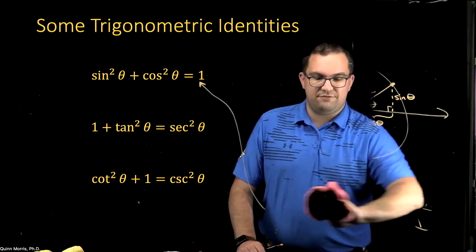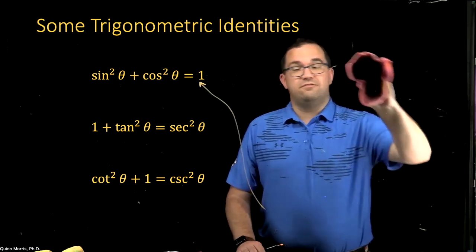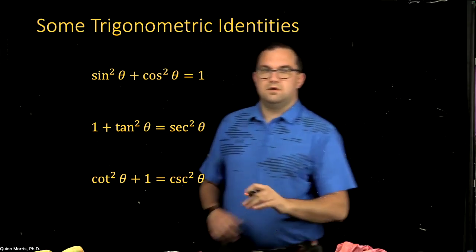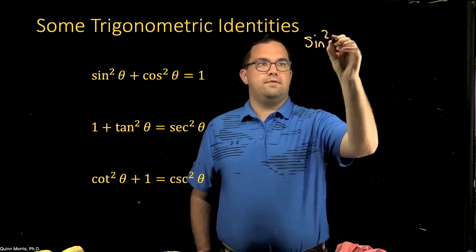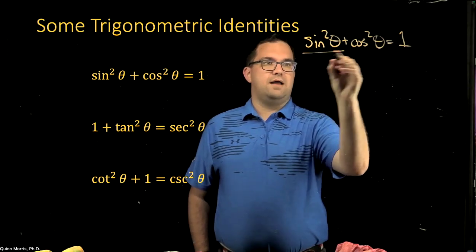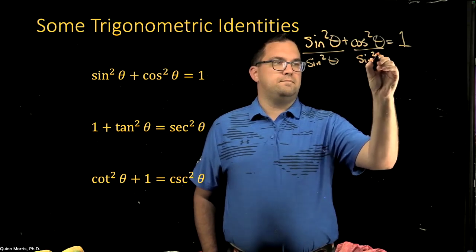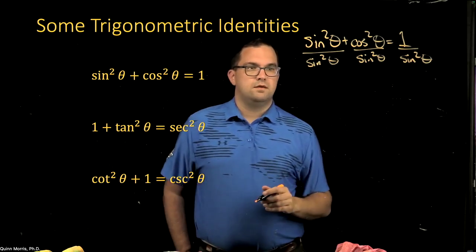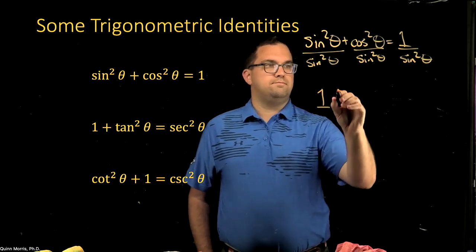So if I take that first identity, sine squared plus cosine squared equals 1, and I divide everything through by sine squared of theta, well, sine squared of theta divided by sine squared of theta simplifies to 1.